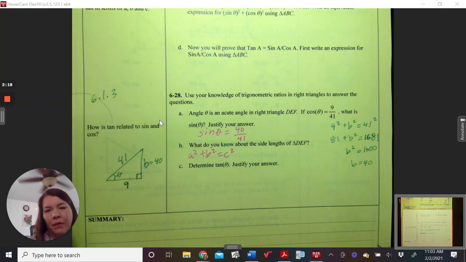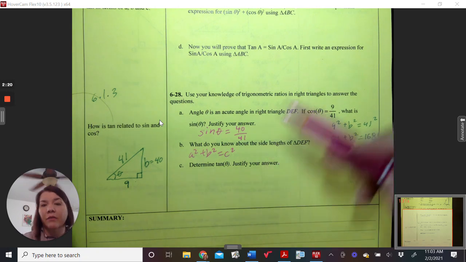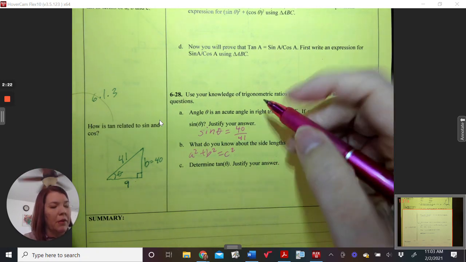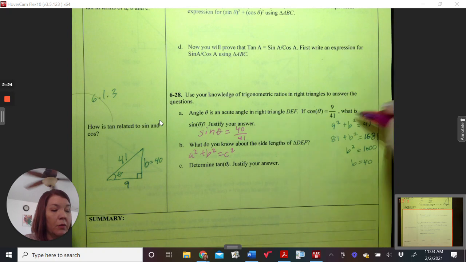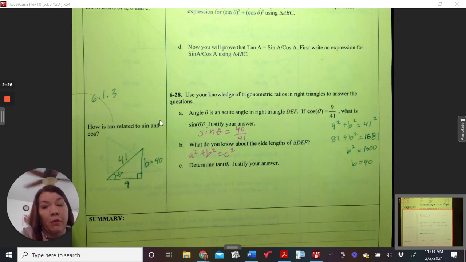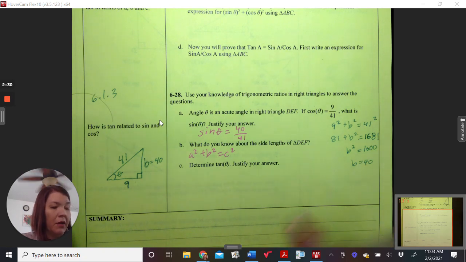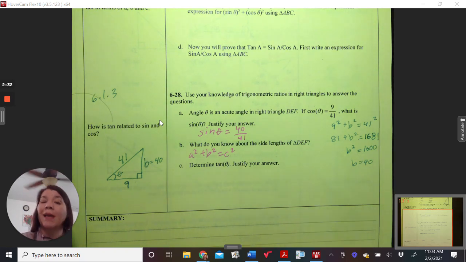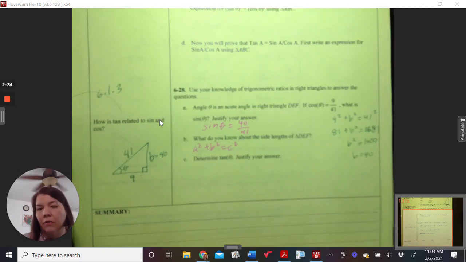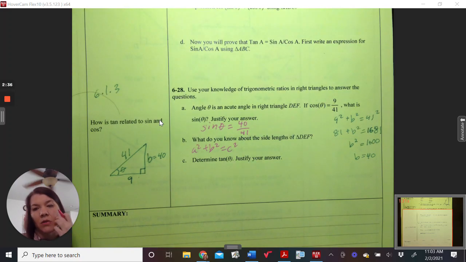B is more of a hint for A in case you need it. Basically, I either remembered the Pythagorean triple 9, 40, 41, or I did the Pythagorean theorem, found the missing side, which was 40, and then set up my sine ratio. Those are your justifications.